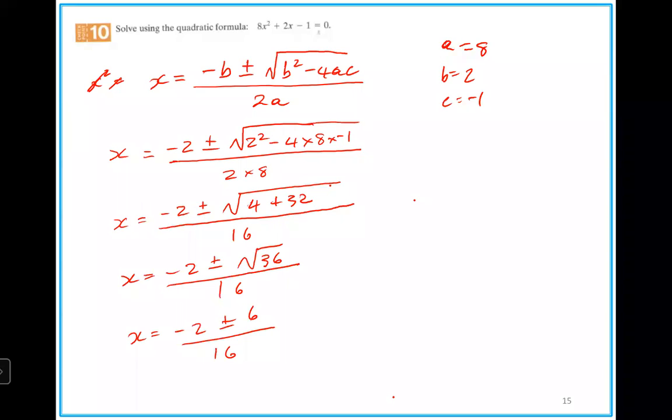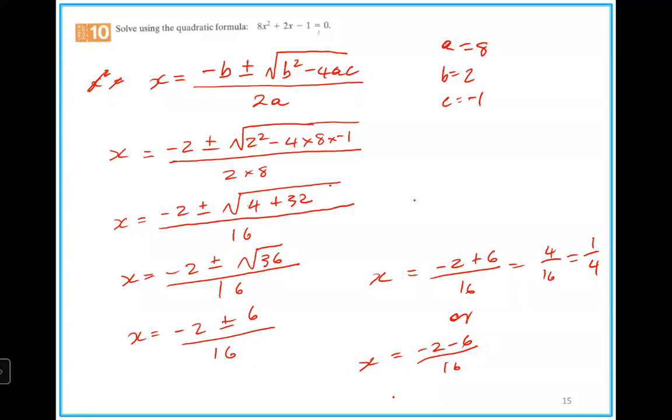So x can be -2 plus 6 over 16, which is equal to 4 over 16, which is equal to 1 over 4. Or x could be -2 minus 6 over 16.